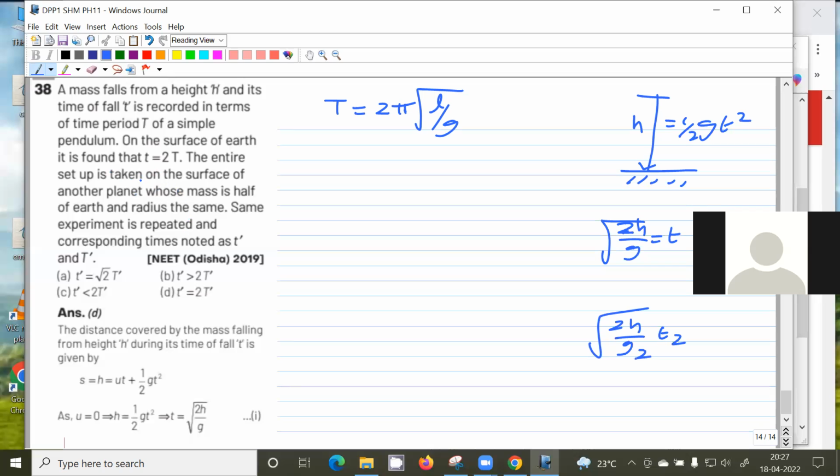Okay, so this one is 2T. So we have to find what is T2.